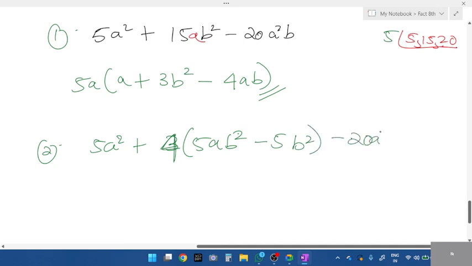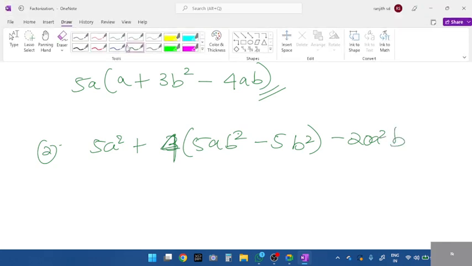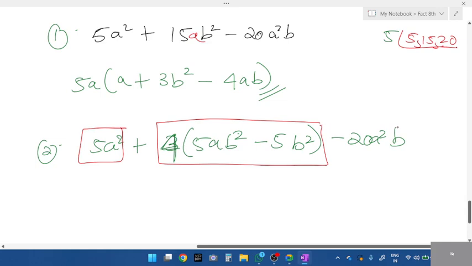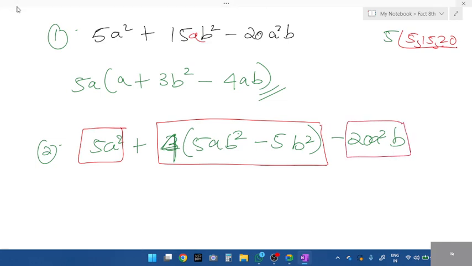Now tell me how many terms are there? Still there are three terms, right? This is the first term. Then what about this entire thing? Second term, third term.